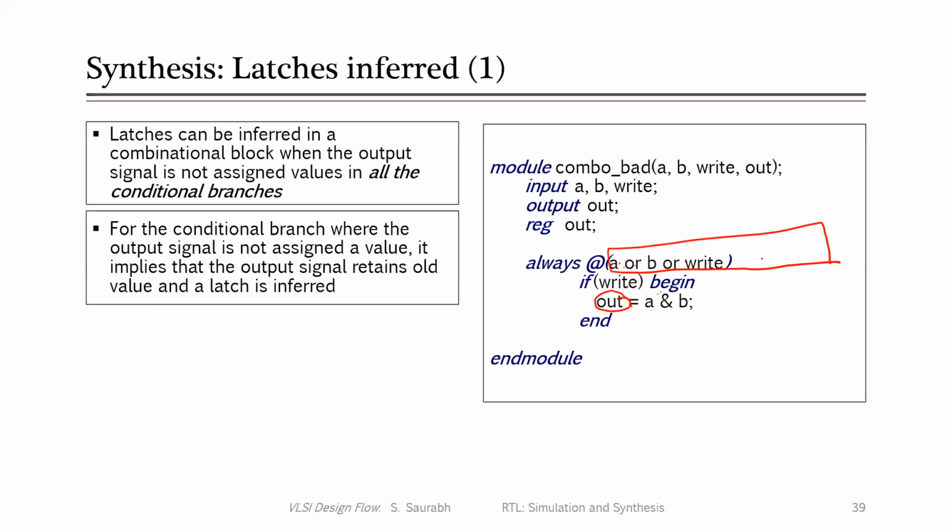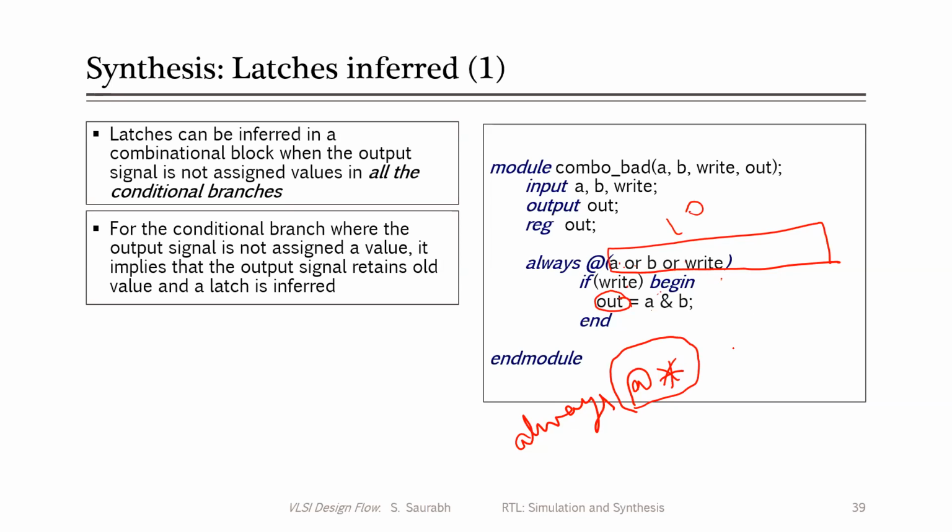If the list is long, suppose your always block is big and you need to write 10 different signals in this always block, a better way to write is always @(*). It means the always block becomes sensitive to whatever is being read inside it. If you are trying to model a combinational circuit, it is better to write always @(*) rather than naming all the signals, because you may miss some signal.